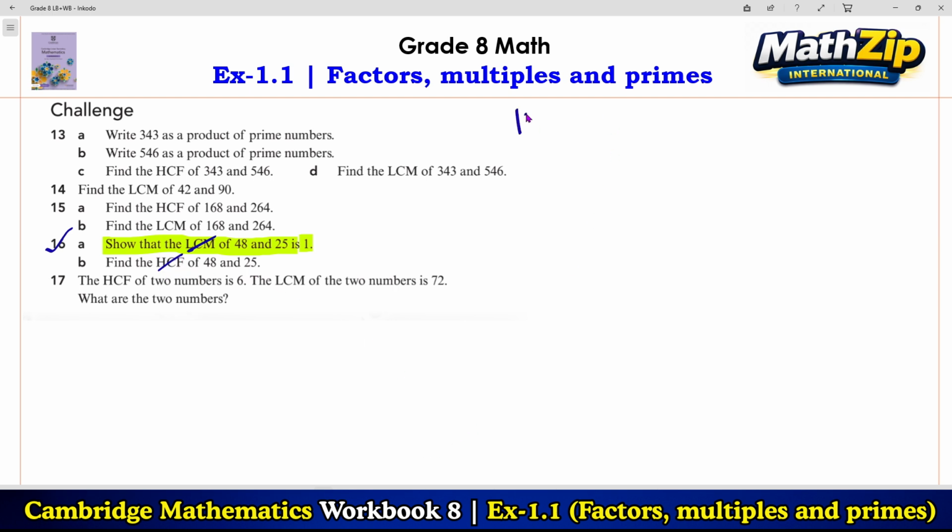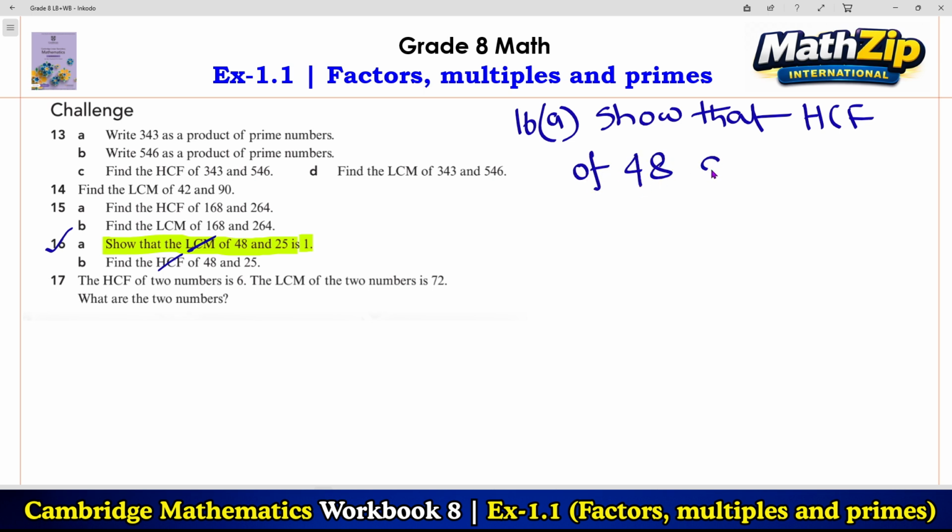So in 16, it should be HCF. So the question would be: show that the HCF of 48 and 25 is 1.